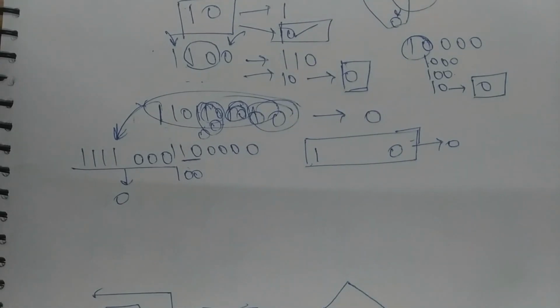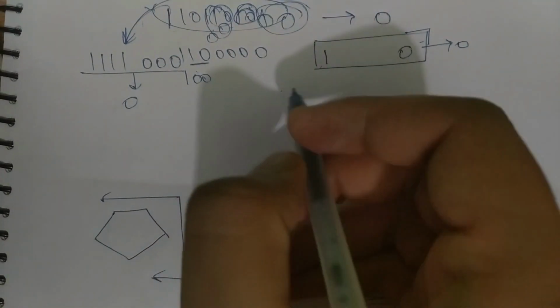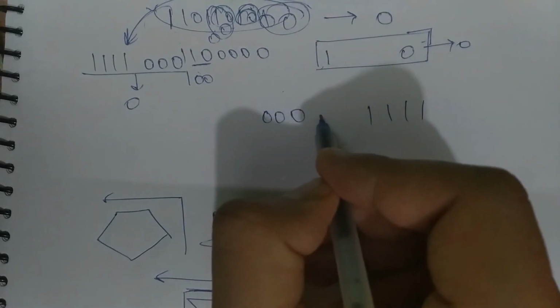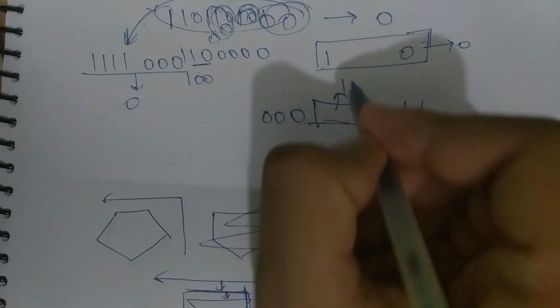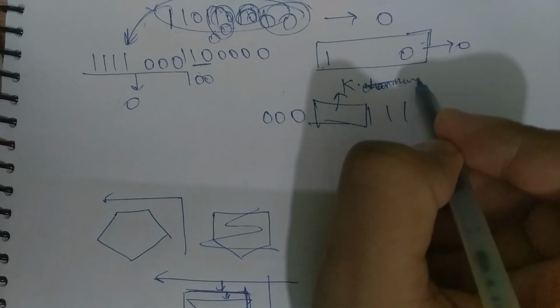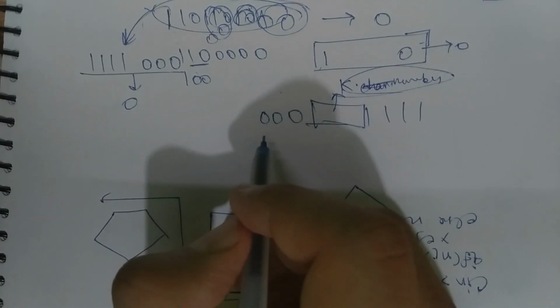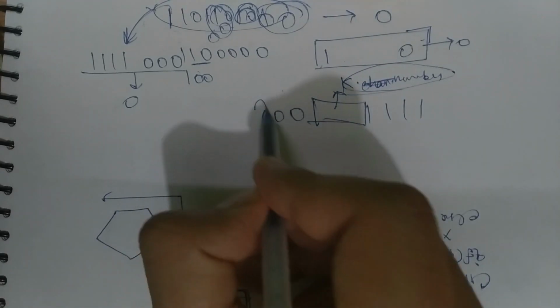Now suppose we have any string which has zeros in the beginning and ones in the end. Let there be anything in the middle. We have, say, k characters, zeros or ones, and we don't know what they are. They can be 0 or 1. So we search for the first 1 from the beginning. Is this one? No. Is this one?